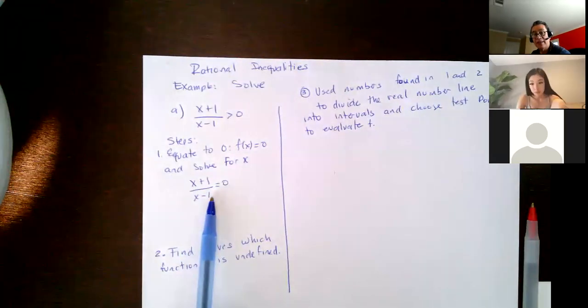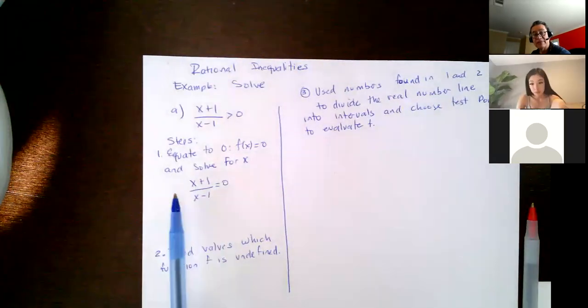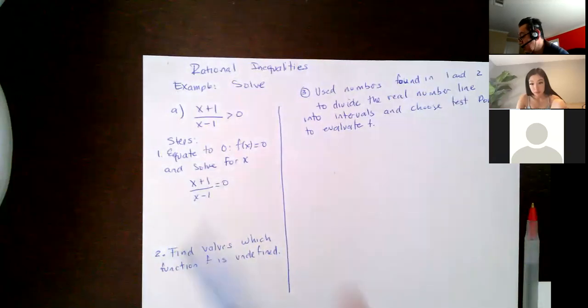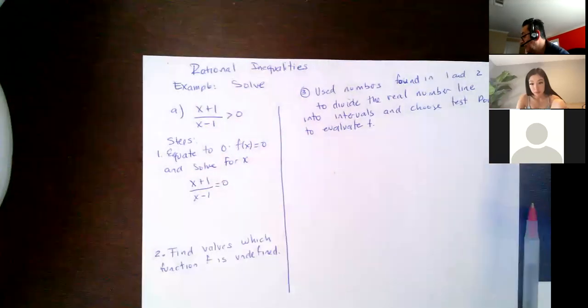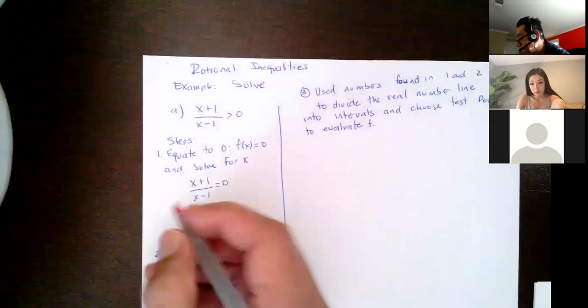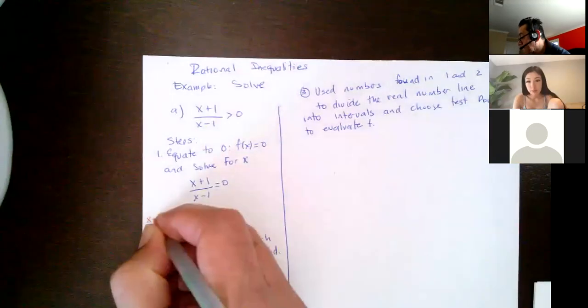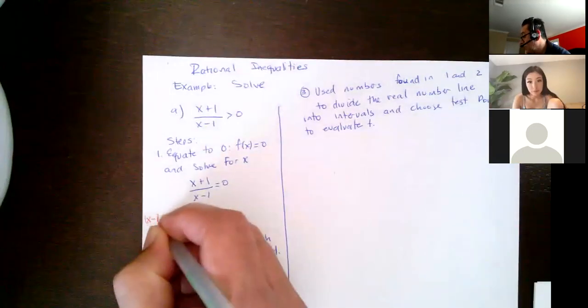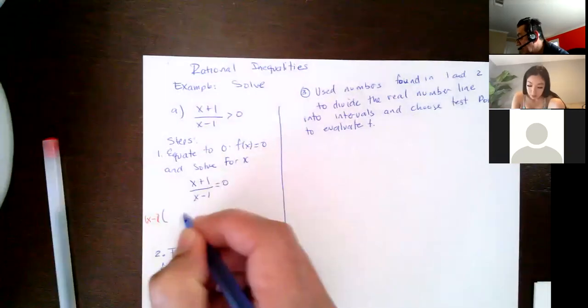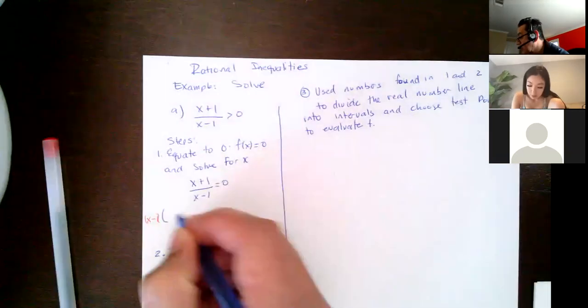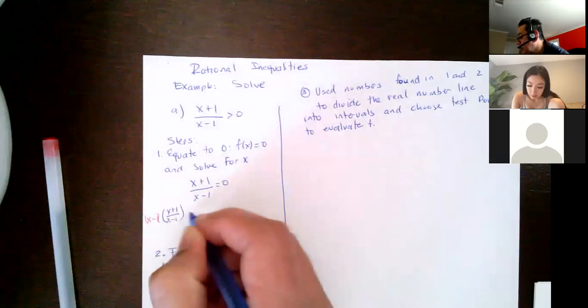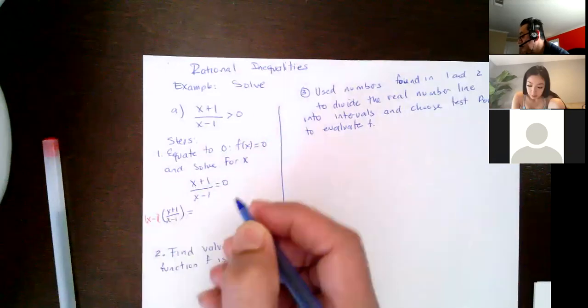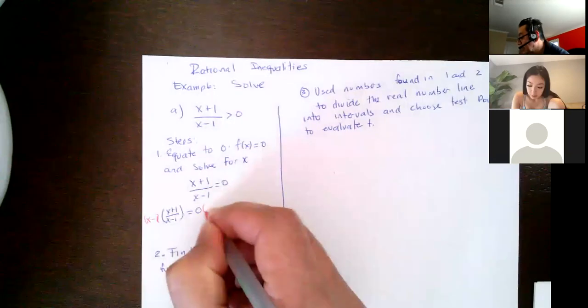If you multiply both sides by x minus 1, notice what happens here. I'm going to do it right here. x minus 1 times x plus 1 divided by x minus 1 equals 0 times x minus 1.